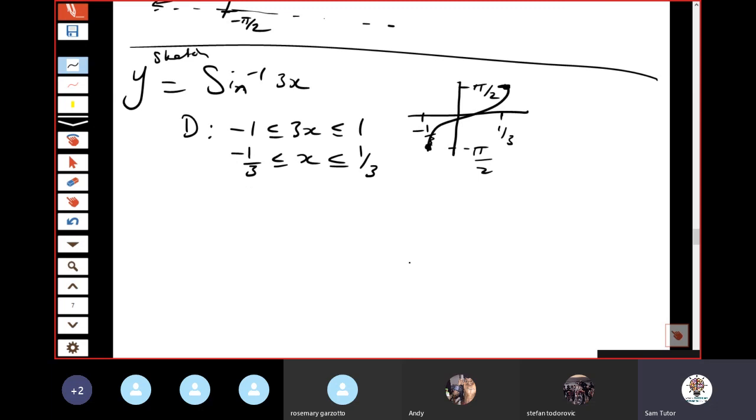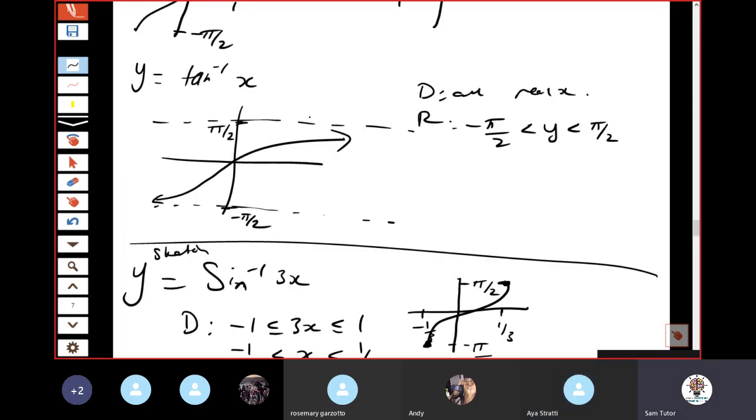Wait, Sam, does it stop there, or are there arrows that keep going? No, it actually stops. Like I said, for these ones, they don't go on forever. Starts here, stops here. Look at them again.